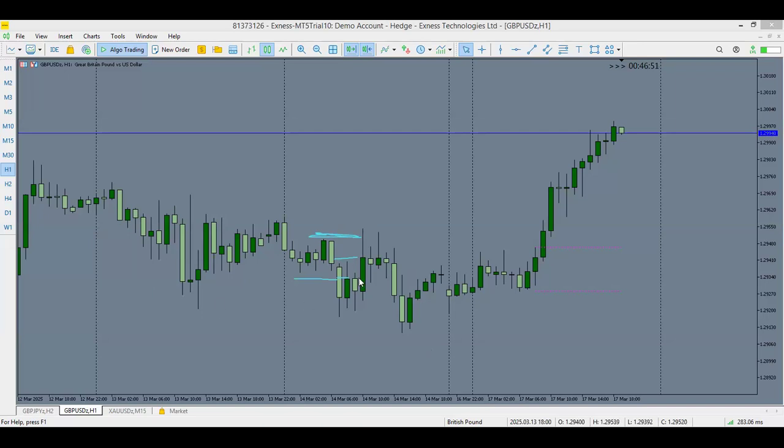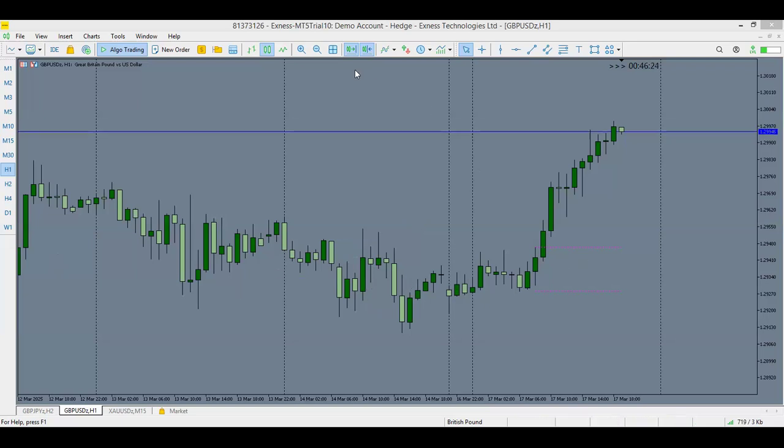But it won't be on an everyday basis that you get setups like this, that you will be getting stopped out consistently like that. So just know that it's not every day that will happen. You will still get some trades that will work out very well for you.